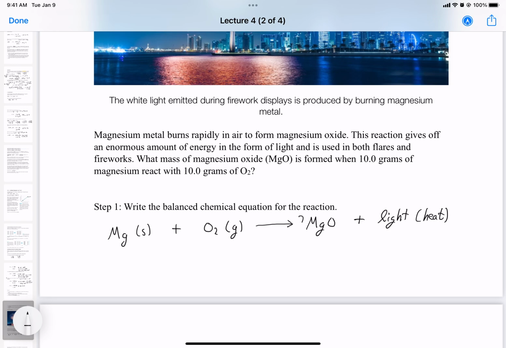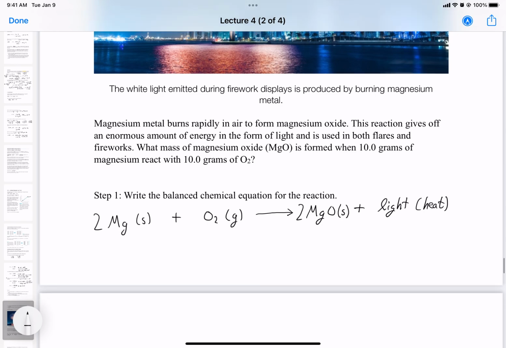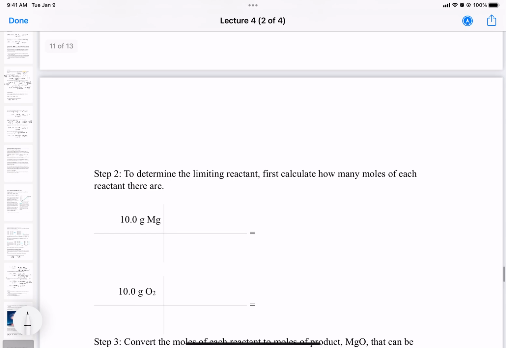Let's put a 2 here, and then on the left we need 2 magnesiums, so we put 2 in front, and that makes the reaction balanced. Magnesium oxide is usually a solid, so the debris here would probably be magnesium oxide as a result of this experiment.